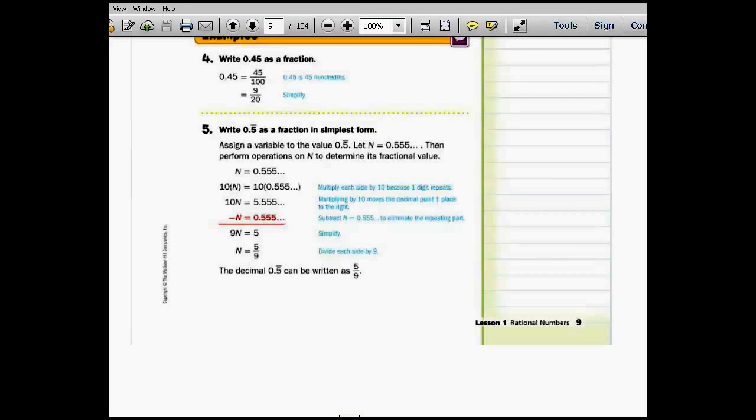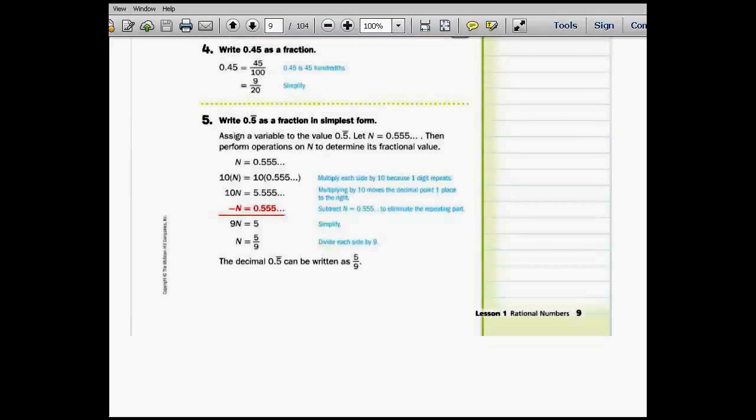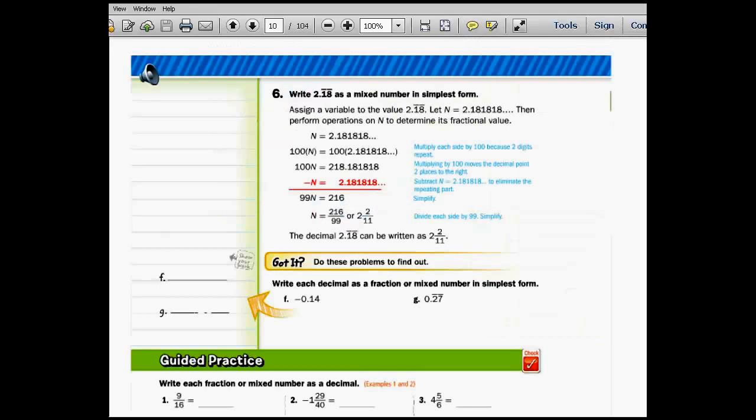All right, so let's go to that example we were just on a second ago. Write 2.18 repeating as a mixed number in simplest form. Again, two digits repeat, so it goes over that many nines. This first number, we know it's going to be 2 and, since it's bigger than 1, it's a mixed number.